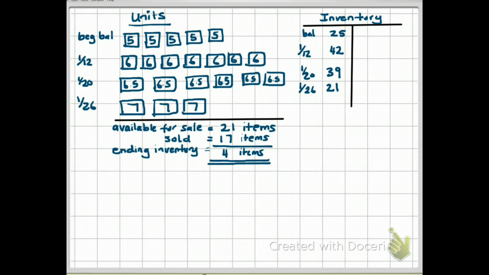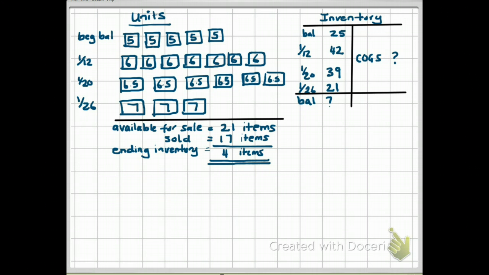How did we get 4? We had 21 items available for sale. We sold 17 of them, so you subtract 17 from 21 and you get 4 items left in your ending inventory. Now the next question is, how much was our cost of goods sold and how much was our ending inventory? If we had purchased all those items at the same price, we would easily be able to calculate our cost of goods sold and our ending inventory.